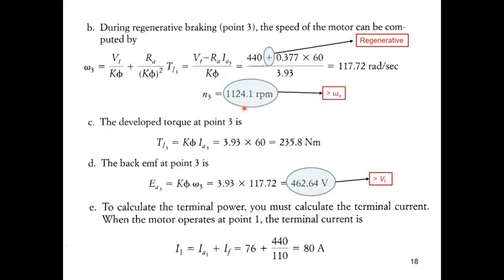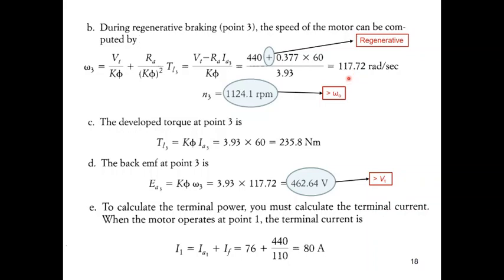Simply, the machine speed equals V terminal divided by K phi plus, because it's regenerative braking, plus RA divided by K phi squared multiplied by torque load, or we can use the relation based on the current. So V terminal minus RA IA divided by K phi, and we have to change this sign to positive because the current will be negative. So 440 plus 0.377 multiplied by 60, divided by K phi, will give the value of speed.